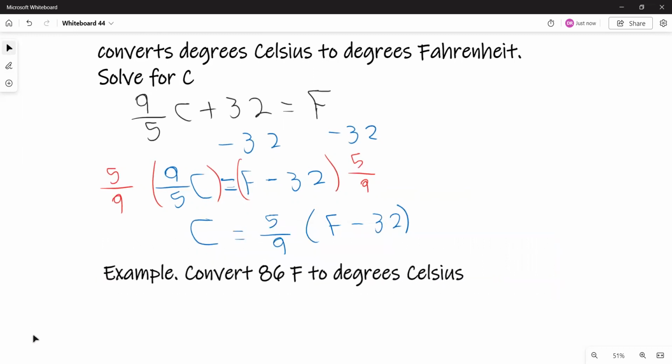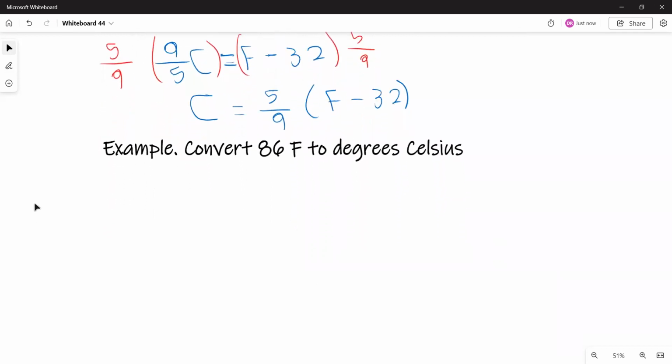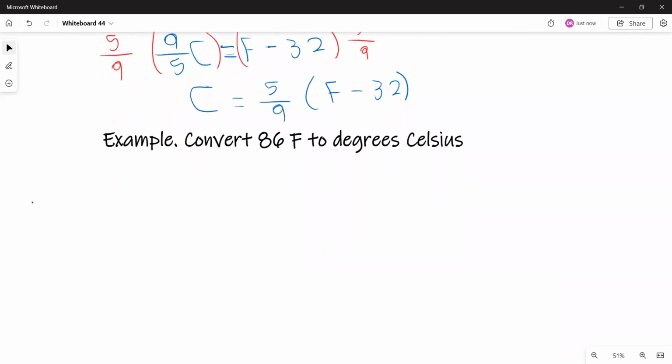We can just plug it into the last formula we obtained. So we're going to plug in F equals 86. This is 5/9 times 86 minus 32.